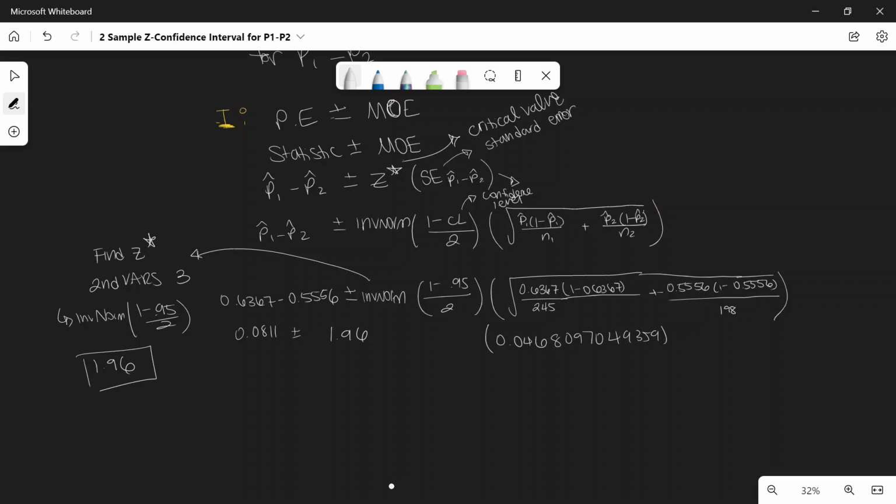So I then multiplied 1.96 and this big number, basically the Z star times the standard error of p hat 1 minus p hat 2.